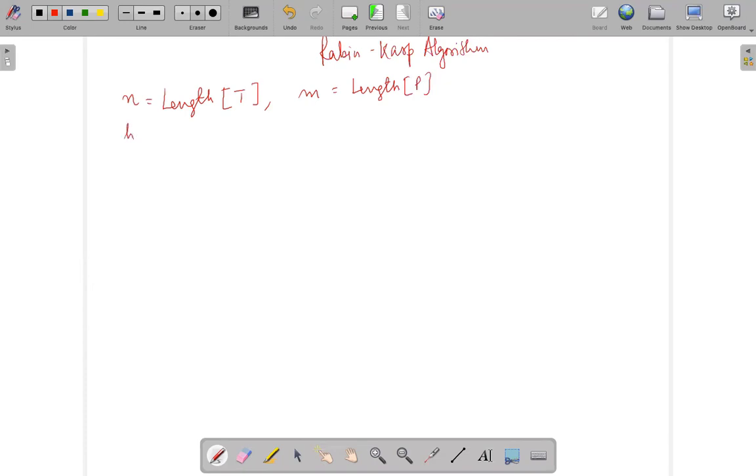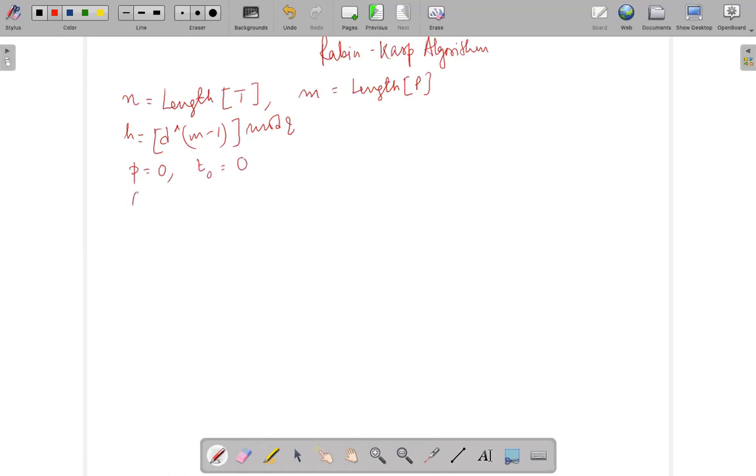Let us define h as b to the m minus 1 mod q. Let us say p is equal to 0 and t0 is equal to 0.